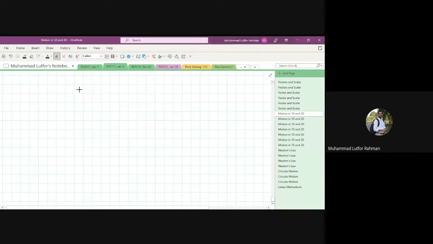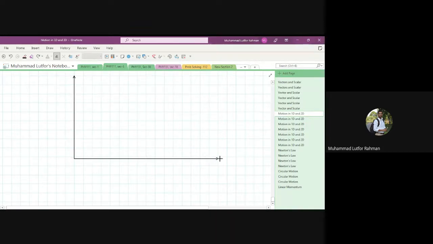All right. Now let me draw the characteristics of this motion using that idea. Say, this is my y-axis, this is my x-axis. I'm going to draw the trajectory of a particle, which should be symmetric.